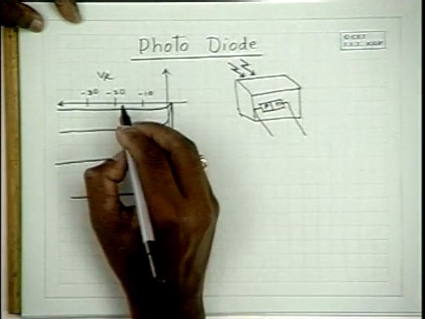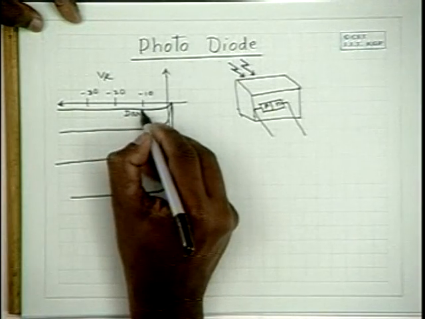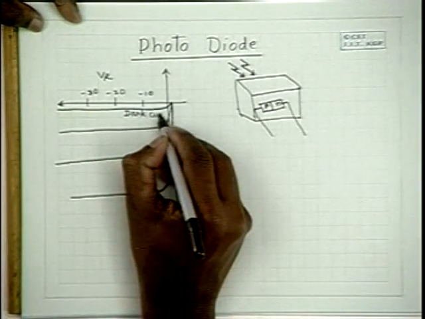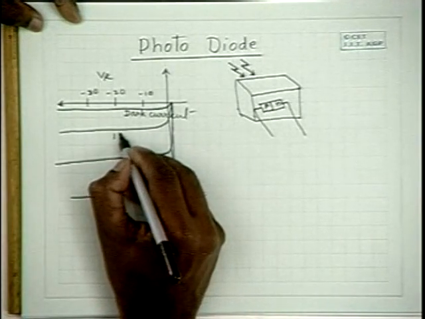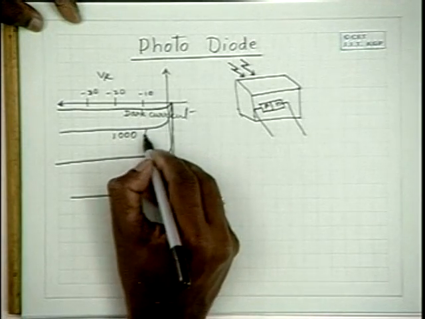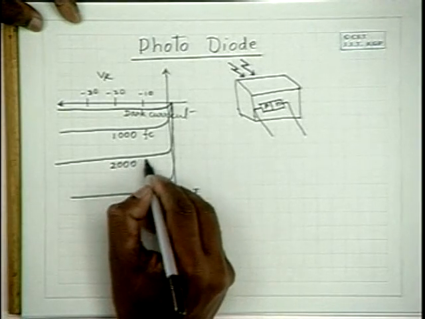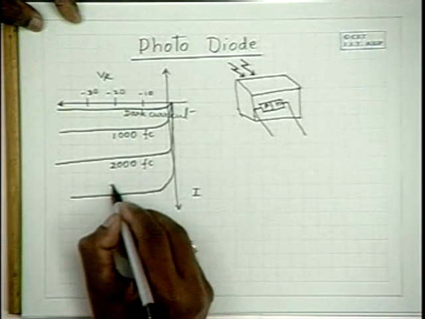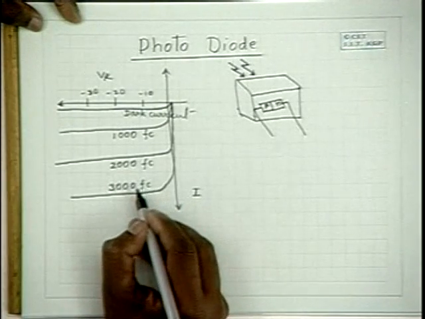With light intensity given in this fashion, this is the dark current. Here the light intensity impinging on the diode is 1000 foot candles, this is 2000 foot candles, 3000 foot candles, and so on.